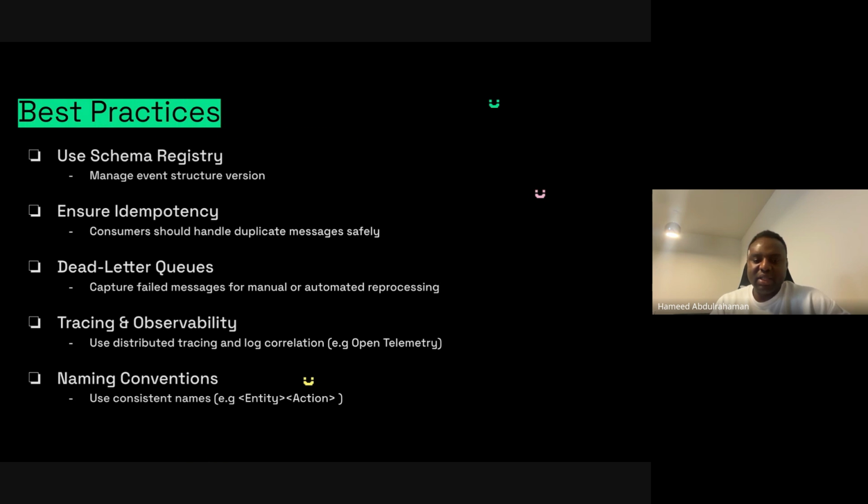Then we have tracing and observability, which has to do with tracing logs using a correlation ID, an end-to-end ID, or an FPS ID. Those ways to trace an event are very, very important, especially when it comes to payments and transactions. You have to have those ID conventions to trace the logs and metrics, so that if a transaction failed, you know where the point of failure was and where the point of entry was.